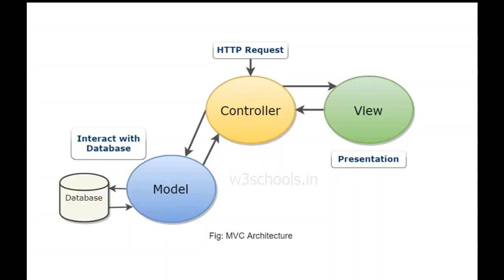So this diagram is one example of an architectural model, and this has been implemented using the MVC pattern, model view controller pattern. The components are shown, and the connectors are shown as arrows. As we discussed, there may be more than 50 such patterns.